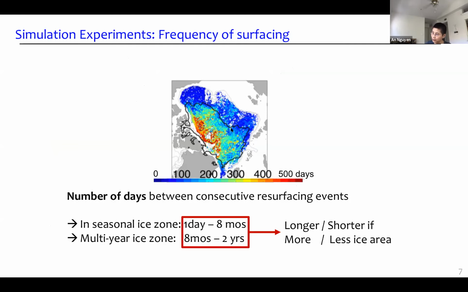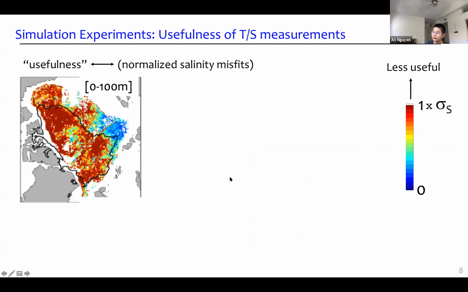In the seasonal ice zone, it can surface quite often, somewhere between 1 day to 8 months. But in the multi-year ice sector, it can take up to 2 years or so before a float can finally surface. So you can see the error can really accumulate during that time, and we want to understand that error.